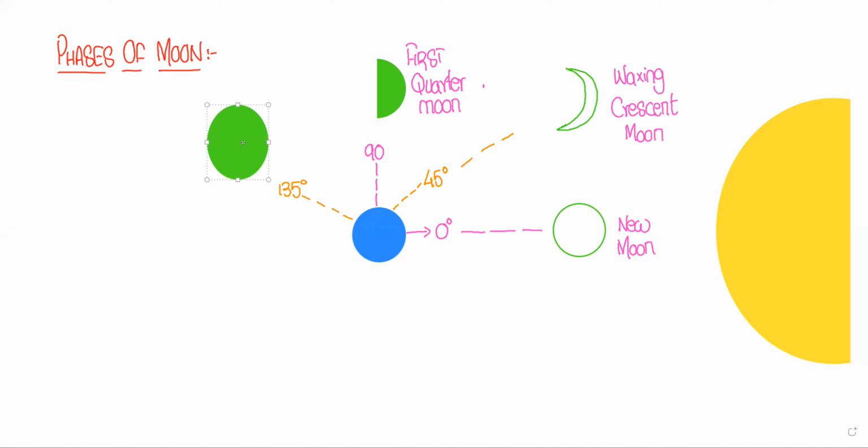So we observe the shape of the moon like this. This is not completely circular or completely round.